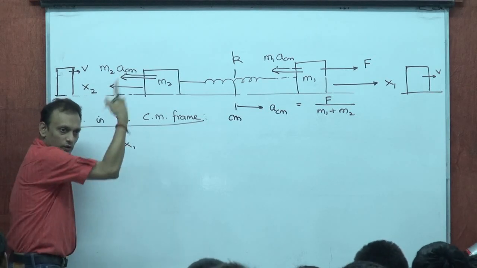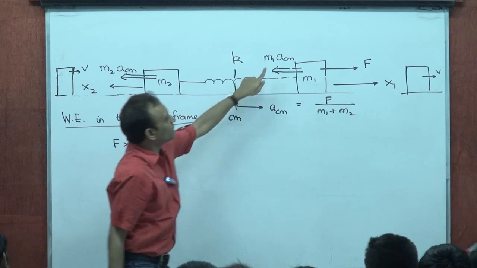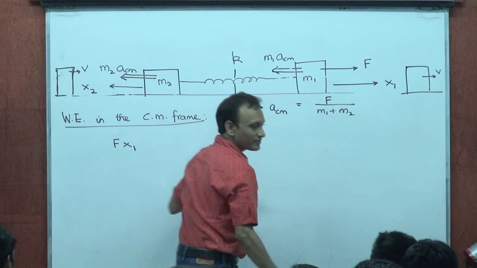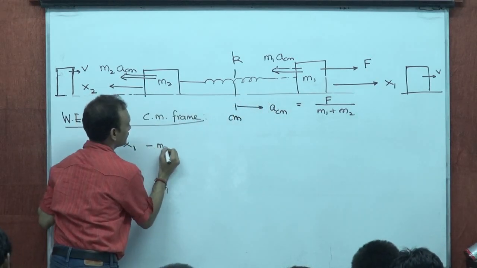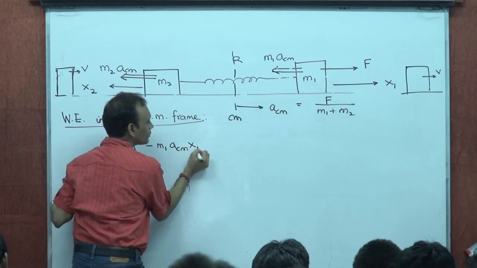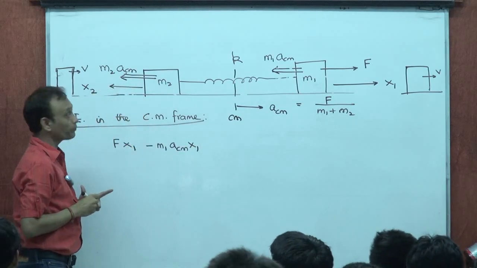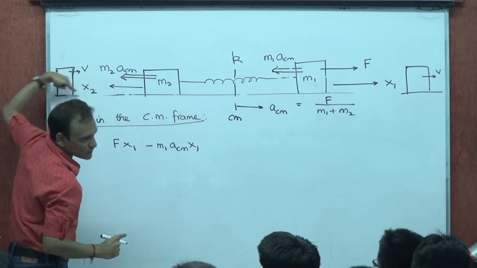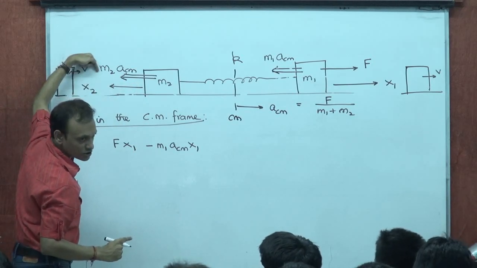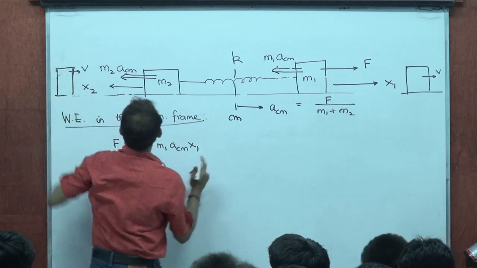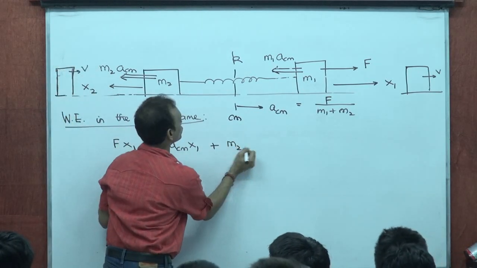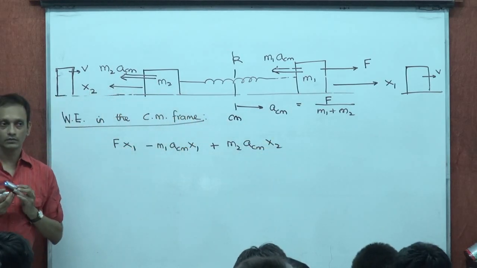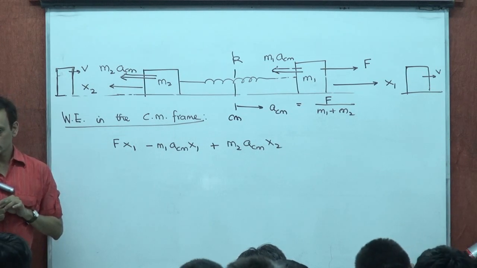Work done by this pseudo force would be minus m1 ACM into x1. Work done by this is going to be m2 ACM into x2. x2 is the displacement to the left, same as the direction of m2 ACM. So work done by the second pseudo force is going to be m2 ACM x2, right?